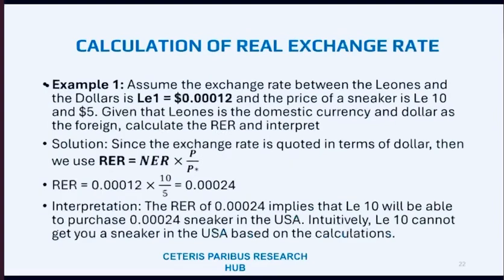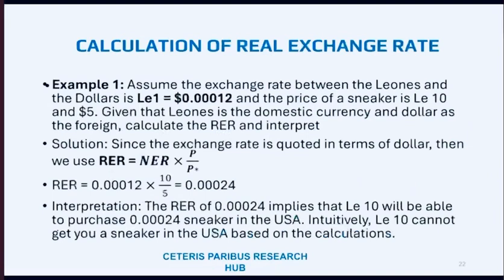So you have 0.00012 times the price of the sneaker in Sierra Leone, 10, over 5. So it gives you 0.00024. Now, how do you interpret this? The real exchange rate of 0.00024 implies that 10 leones will be able to purchase 0.00024 sneakers in the USA.